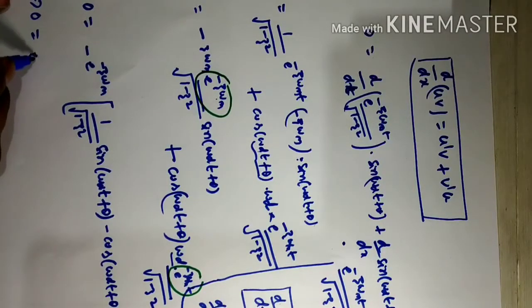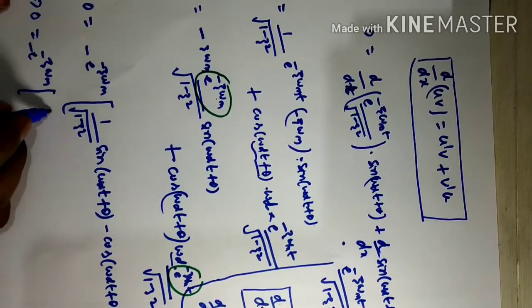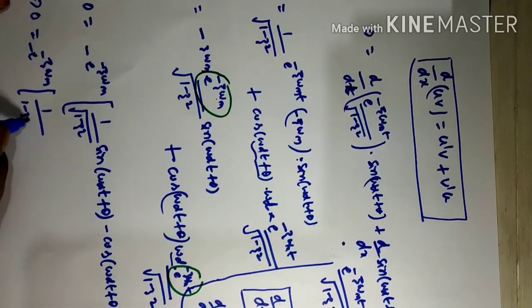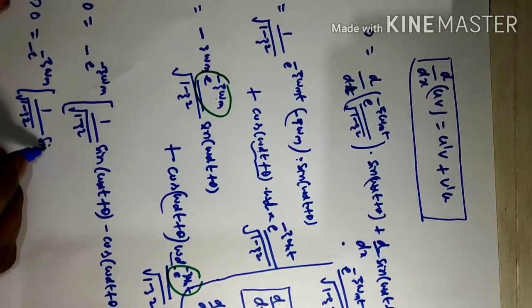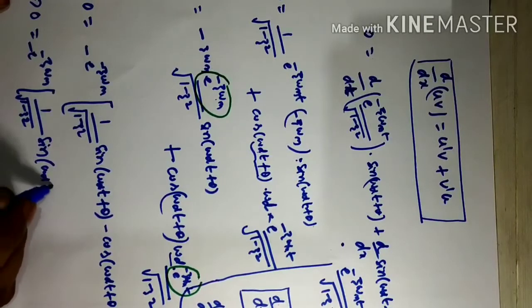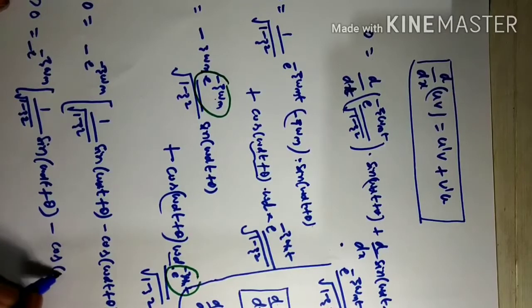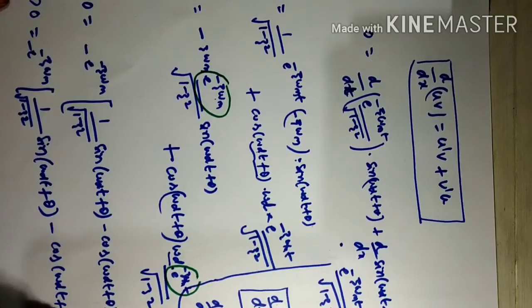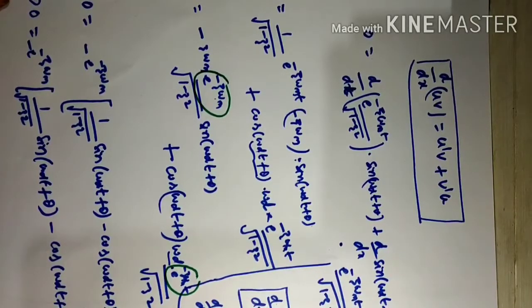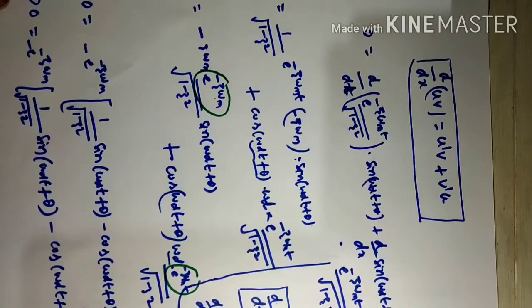So e raised to minus zeta omega n t, minus zeta sine(omega_d t plus theta), plus cos(omega_d t plus theta). So I'm going to write omega n root 1 minus zeta square over root 1 minus zeta square, this both gets cancelled, okay.